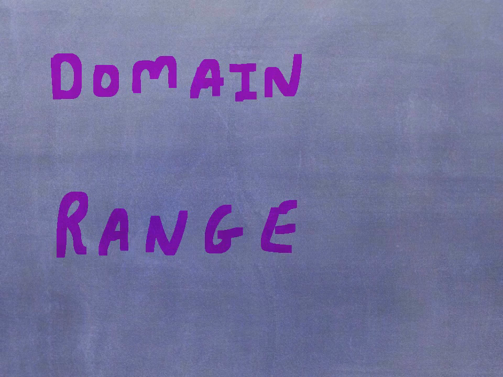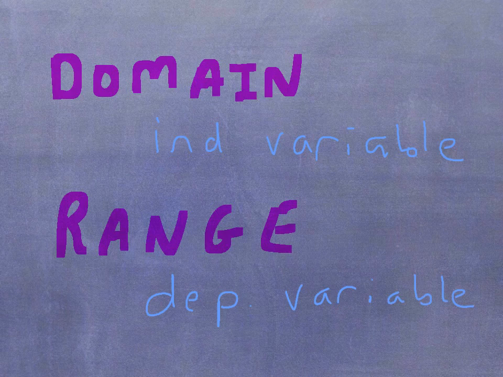In math, a domain refers to the parts of the independent variable, while range refers to the parts of the dependent variable. This will be fairly easy once we start looking at some graphs that will go with that.